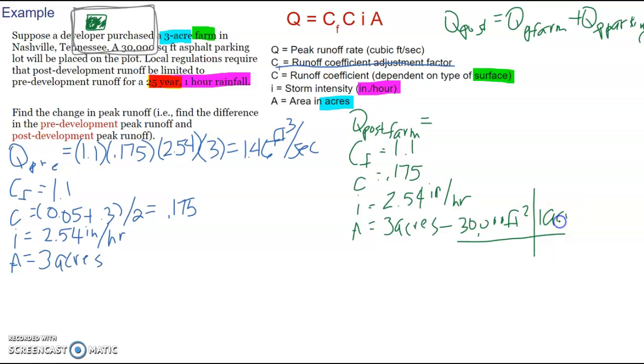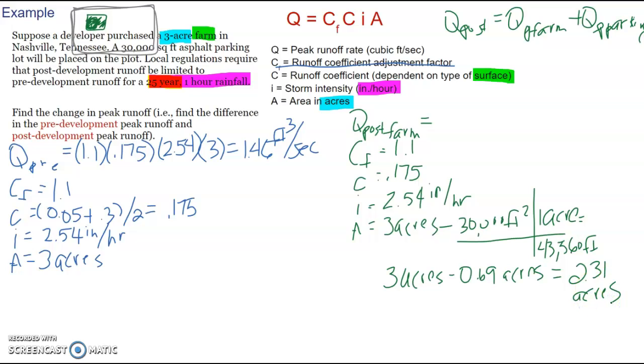So 1 acre is 43,560 square feet. So this is going to give me 3 acres minus 0.69 acres for 2.31 acres.